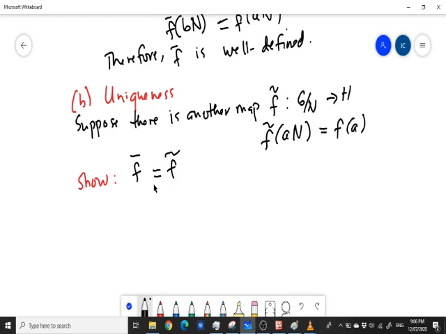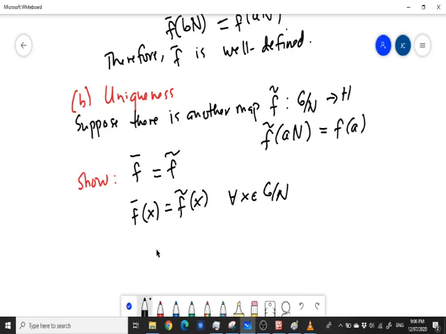What do you mean when two functions are equal? So we have to have the same domain, first of all, which is obvious by definition, and they have to have the same image for all x in.